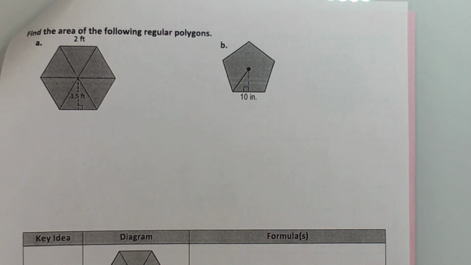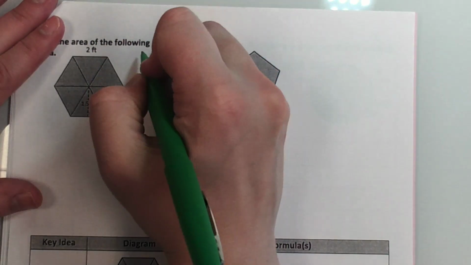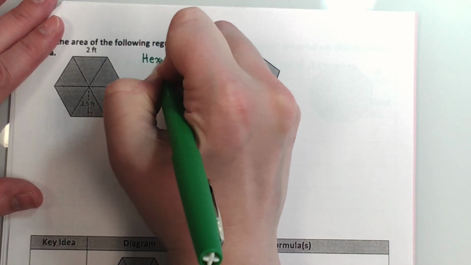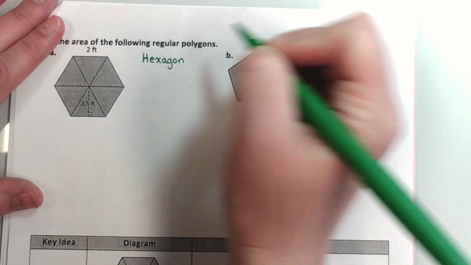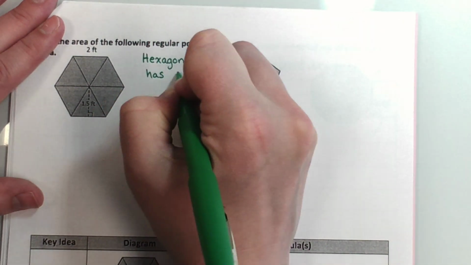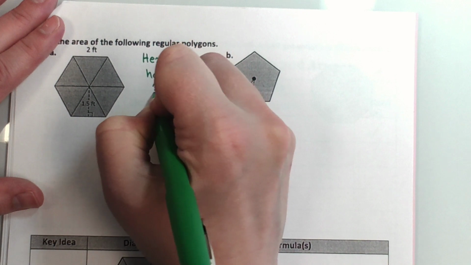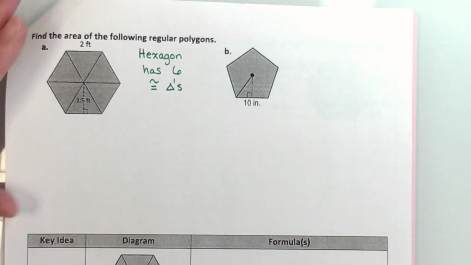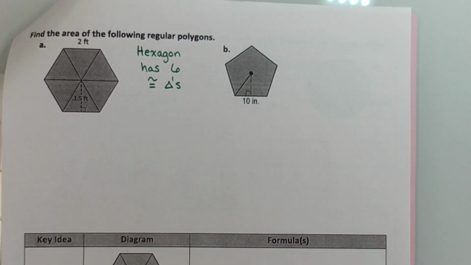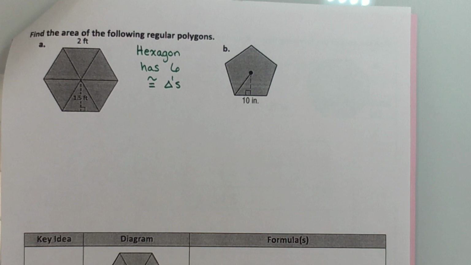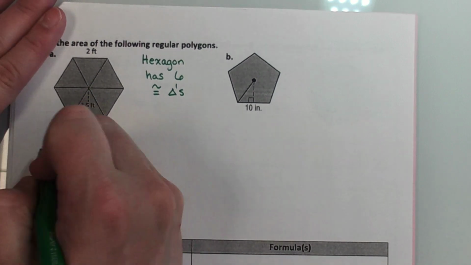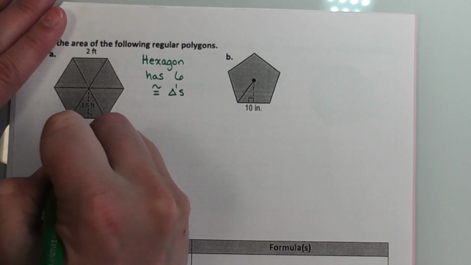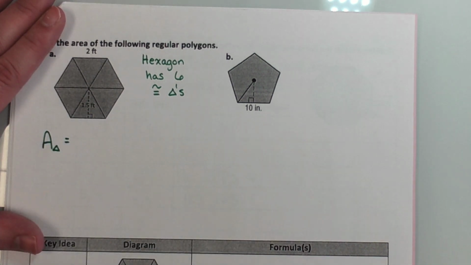back to our hexagon. Would you agree that the regular hexagon has 6 congruent triangles? Sweet. Okay. I'm going to find the area of one of those triangles. Area of a triangle.